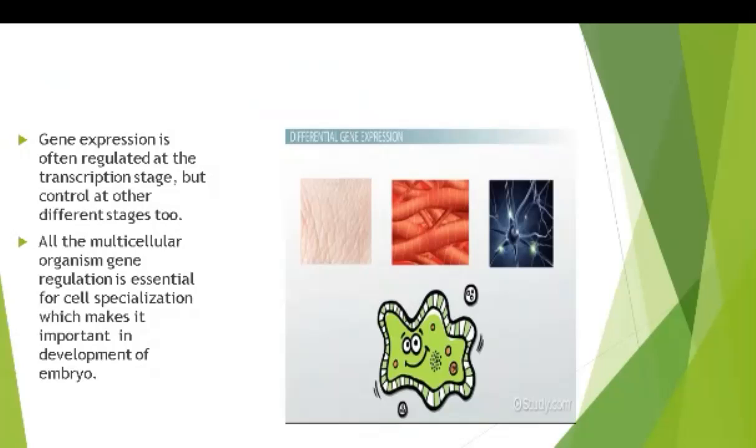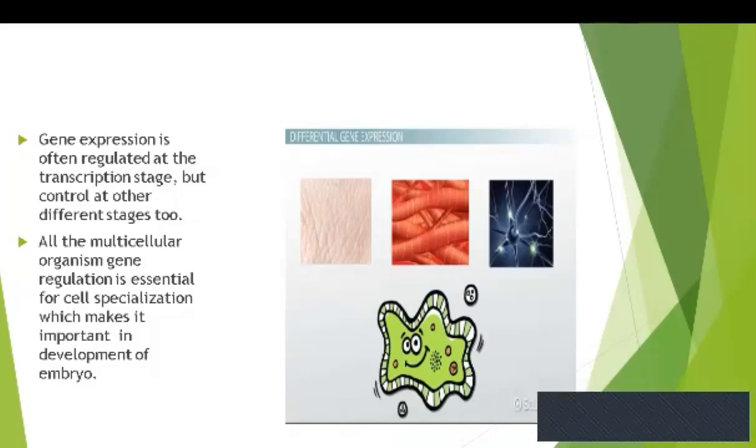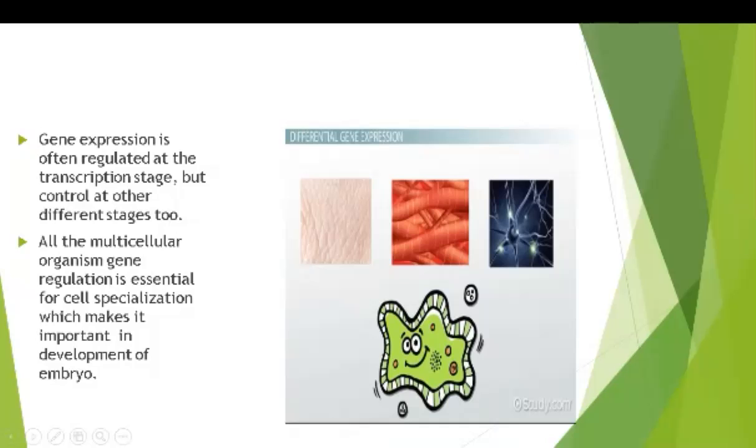If we talk about eukaryotes like us, all our body parts play an important role in performing different functions. I have already talked about brain cells, eye cells and so on. If all the cells in our body had the same gene expression, that may cause severe problems in our body, and we would not be able to do any different or unique task.